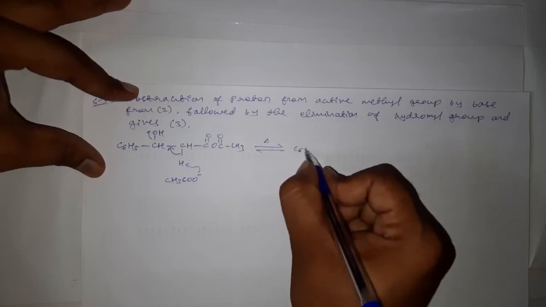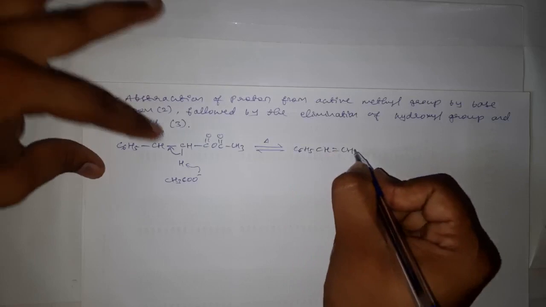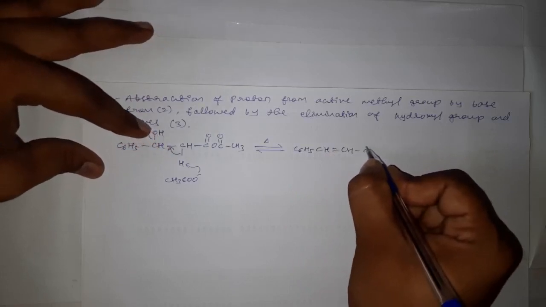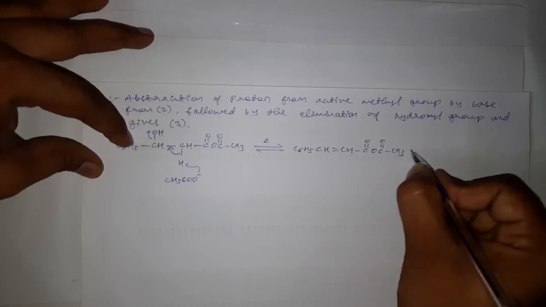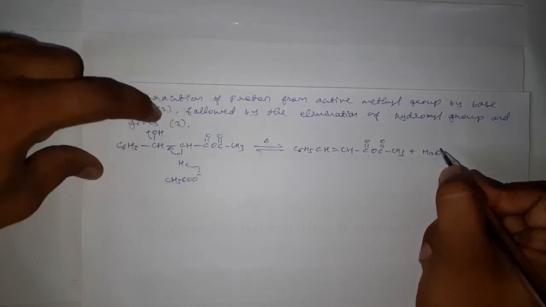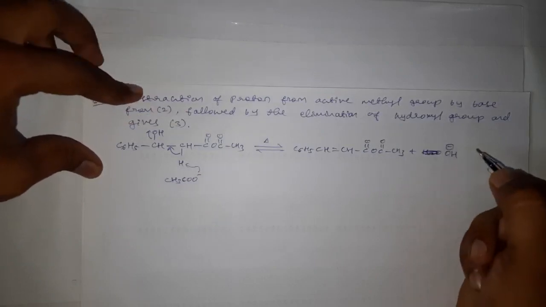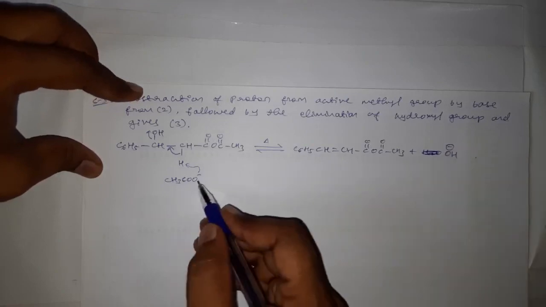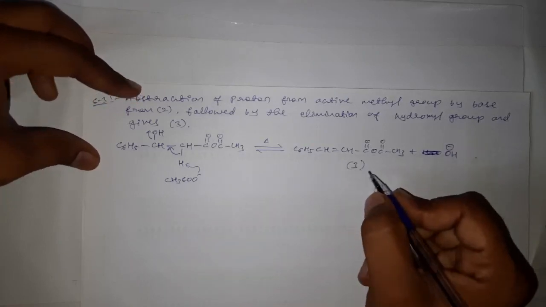Here I will write C6H5CH=CH, C=O, O, C=O, CH3, and along with this one acetic acid molecule is also going out, and this is called intermediate number 3.